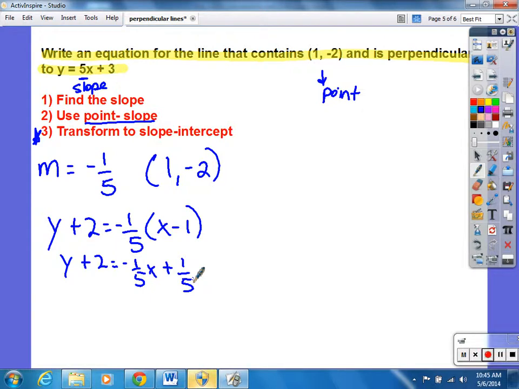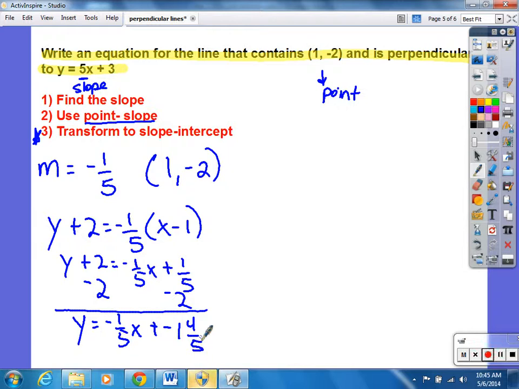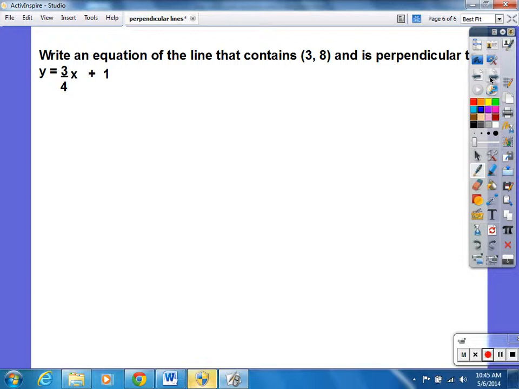We're going to now subtract 2 from both sides, and we're left with y is equal to negative 1/5 x plus negative 1 and 4/5. We'll do one more example, and then you guys are on your own.